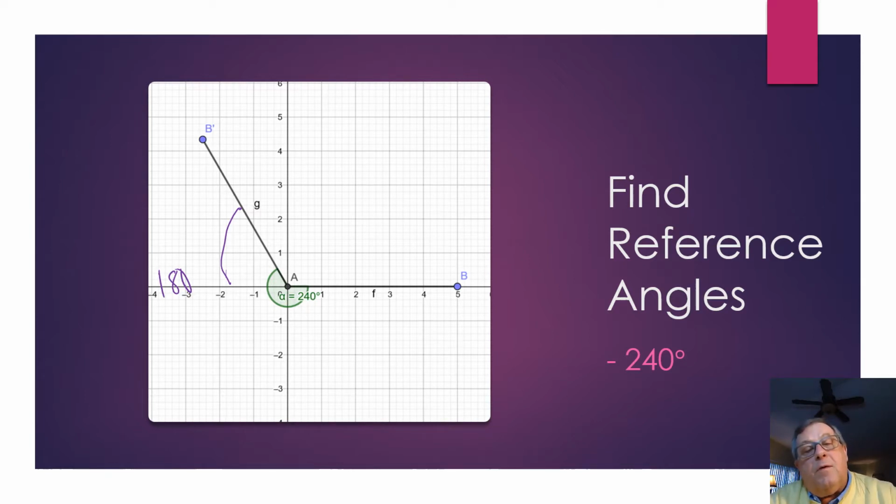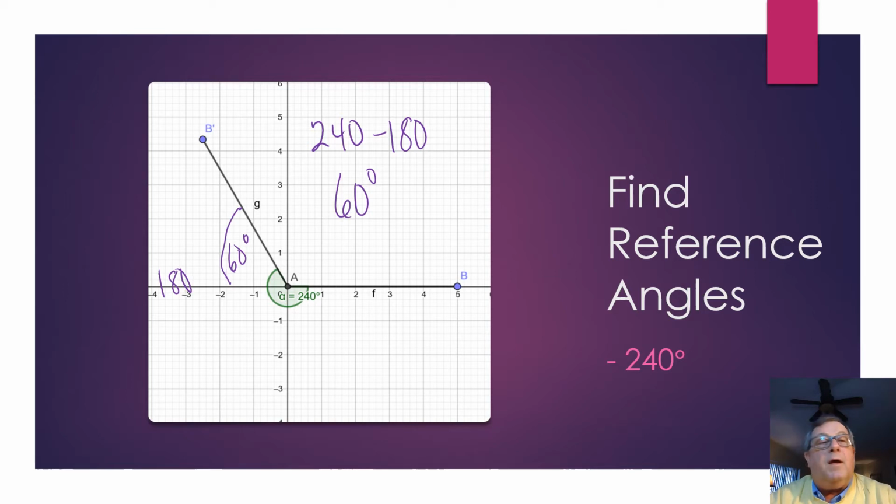I'm going from a negative direction back to the x-axis, so I could just say 240 degrees minus 180. My reference angle then is 60 degrees.